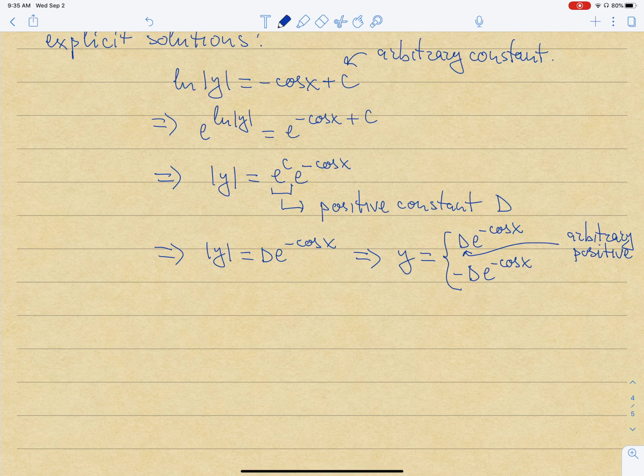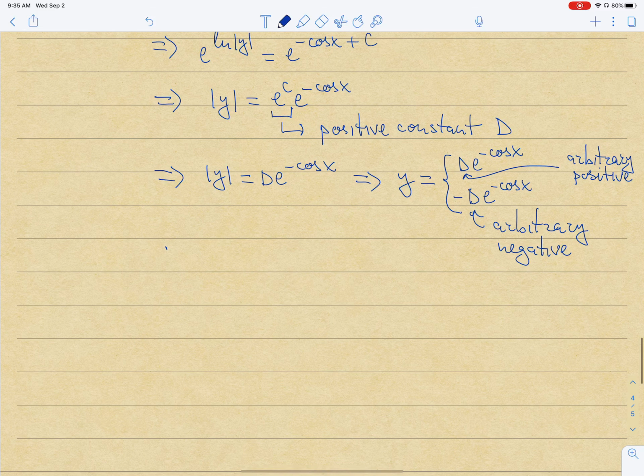You multiply it by minus sign, and this becomes an arbitrary negative number. Okay, so then y can be an arbitrary positive times the exponential, or arbitrary negative times the exponential.